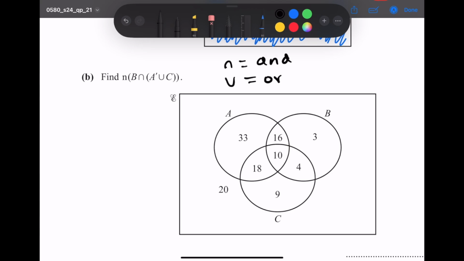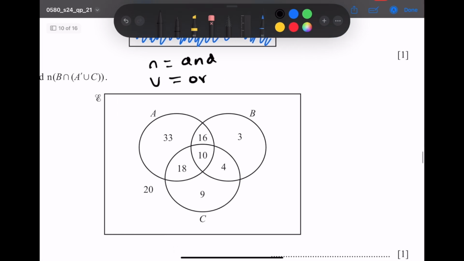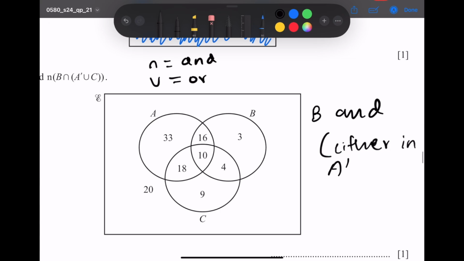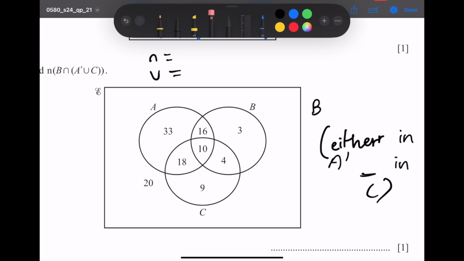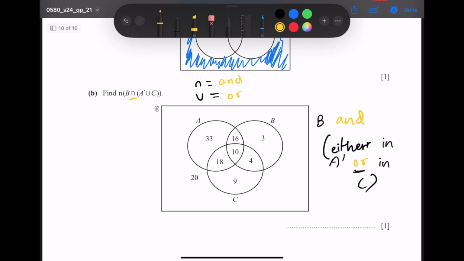If we break this down, the question is asking for the elements that are in B and it's either in A prime or in C. I'll use a different color to clearly define the "and" and "or" parts. Intersection is equal to "and" and union is equal to "or". So B and either in A prime or in C.